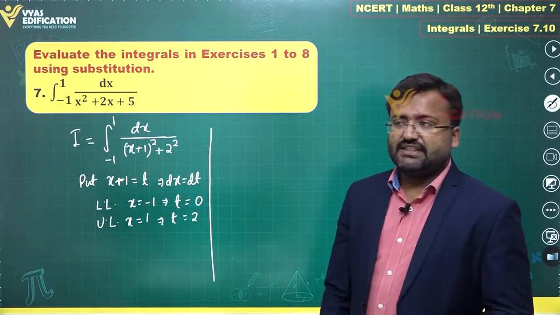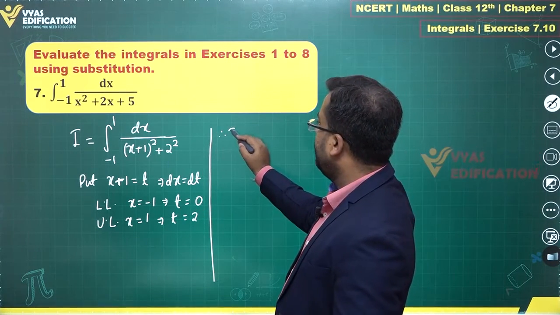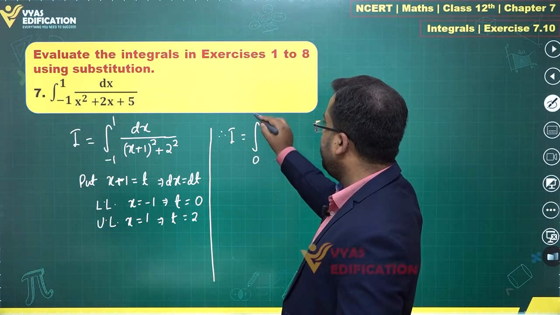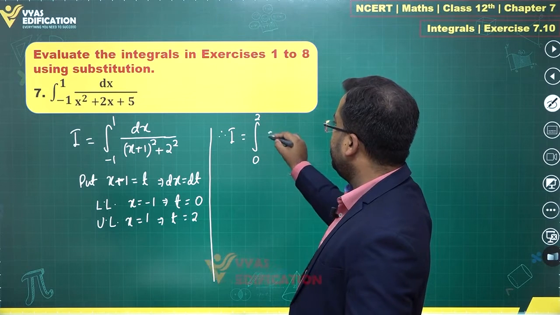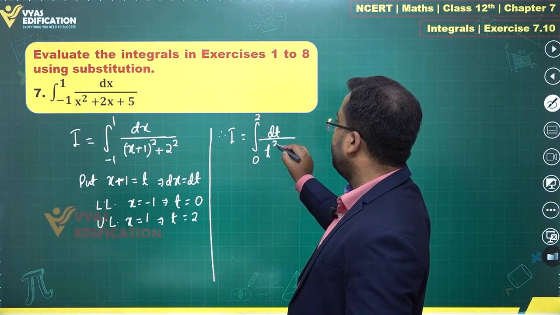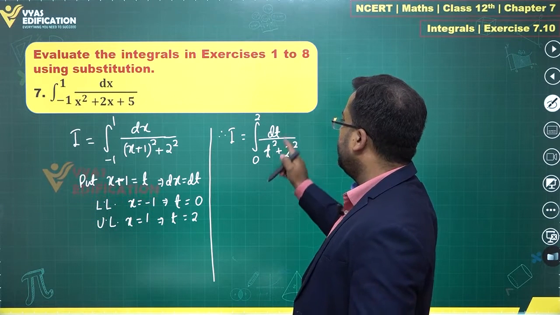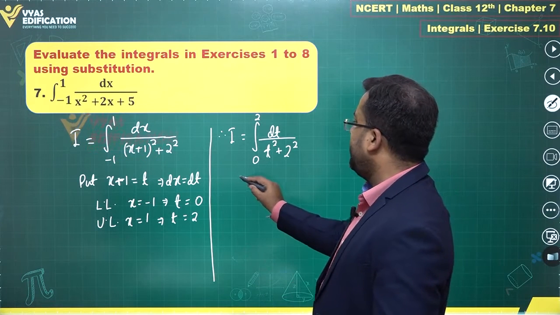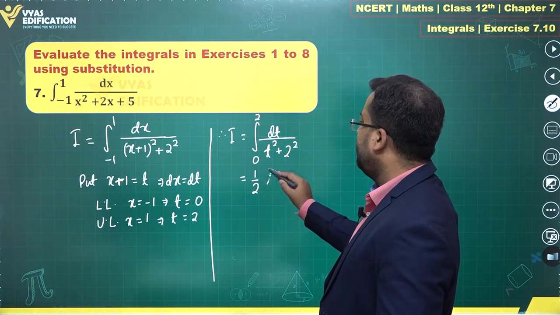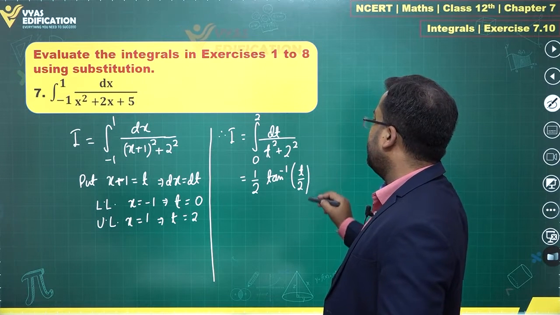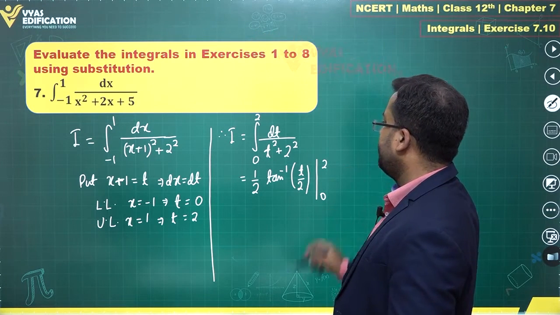And using these, I will become the integral from lower limit 0 to upper limit 2 of dt upon t square plus 2 square. Now this is the 1 upon x square plus a square form. The integral is 1 upon a tan inverse x by a, with limits from 0 to 2.